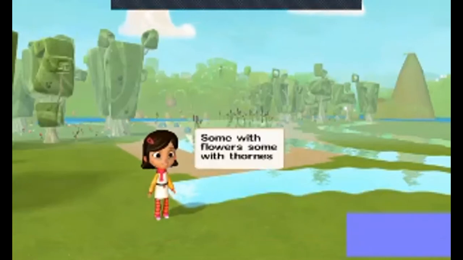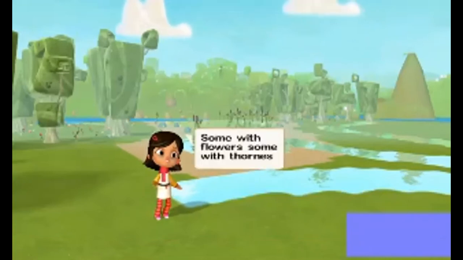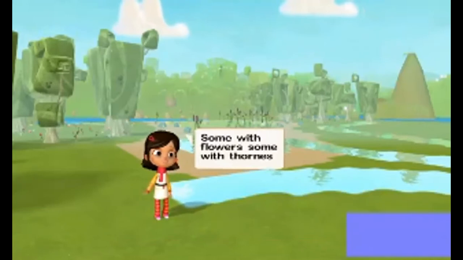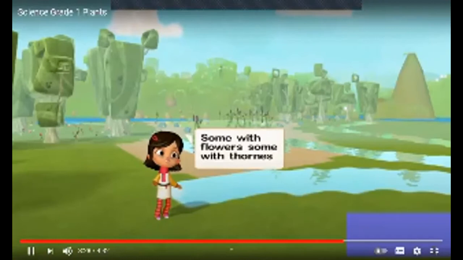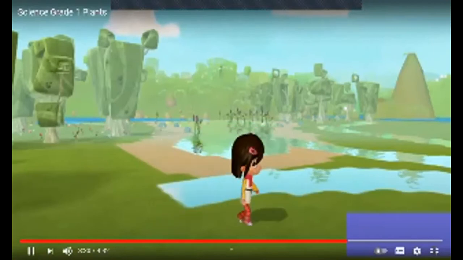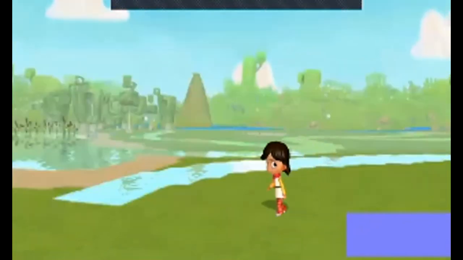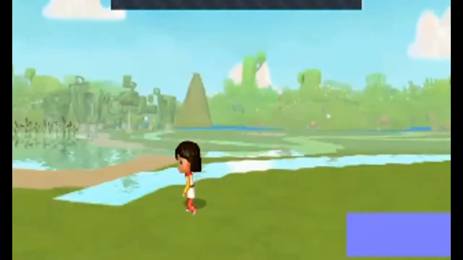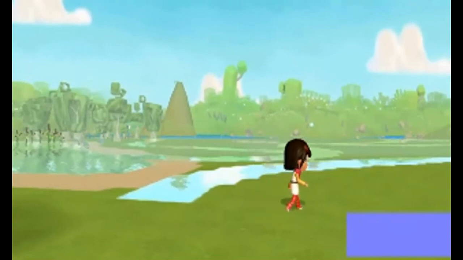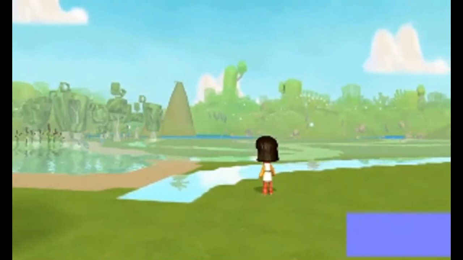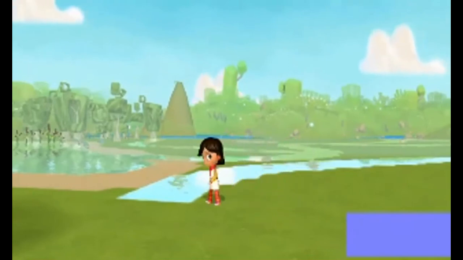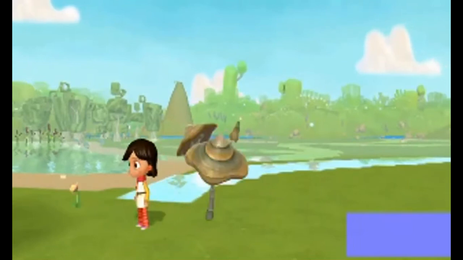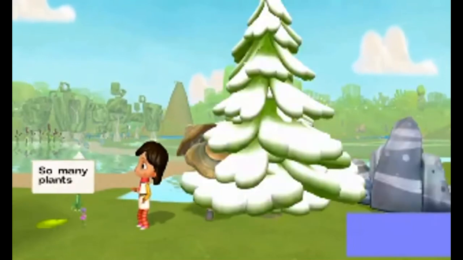Some with flowers, some with thorns. So many plants.